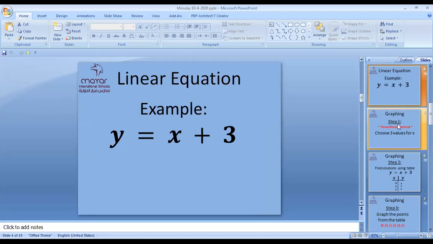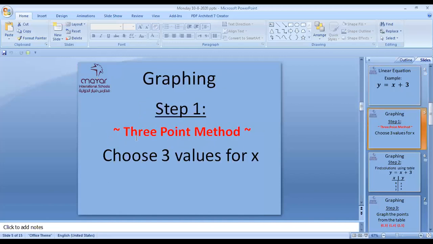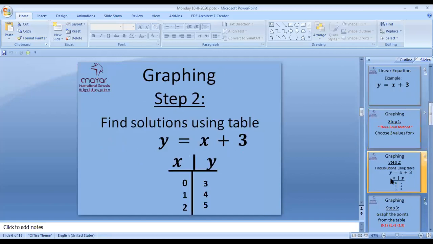But today we're just going to focus on the 3-point method, which means when you draw a table, no need to draw a very long table with so many points on it. You can choose only 3 numbers for x, substitute them, and graph them. So 3 numbers are enough to graph your line.